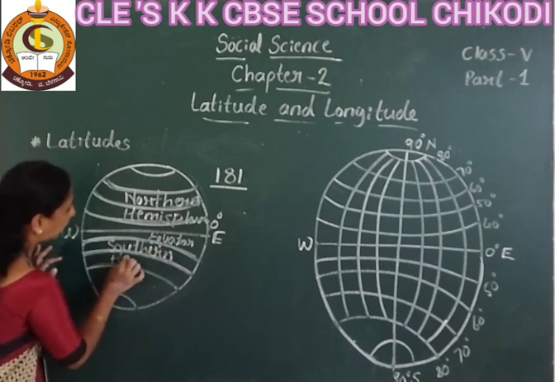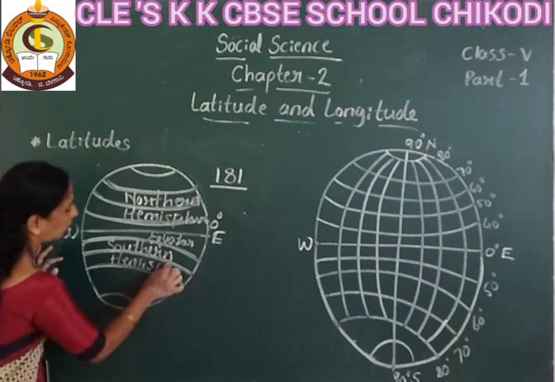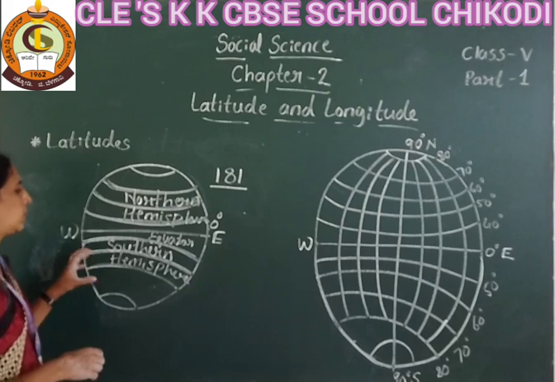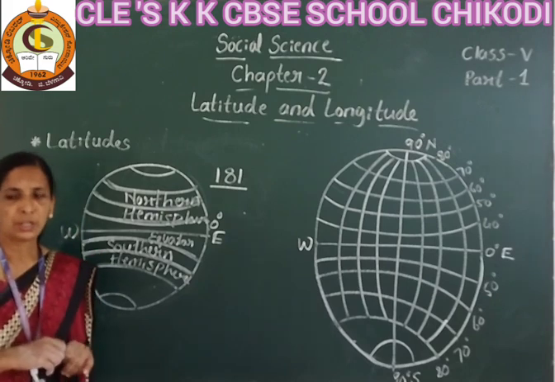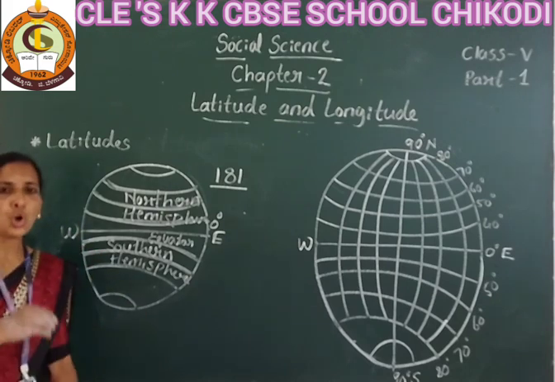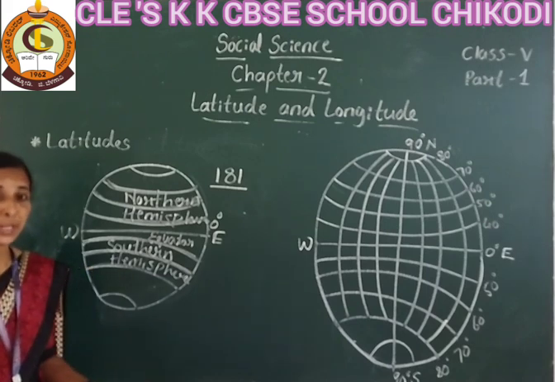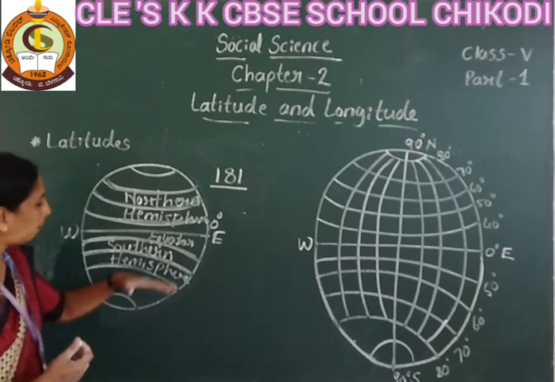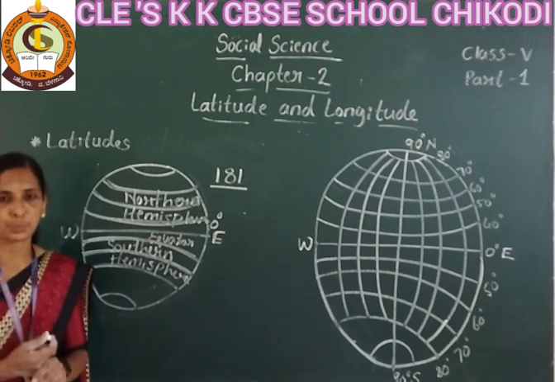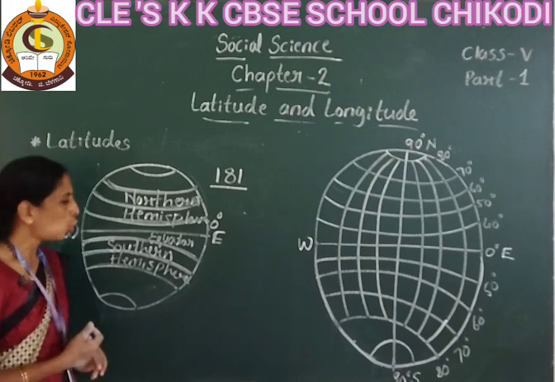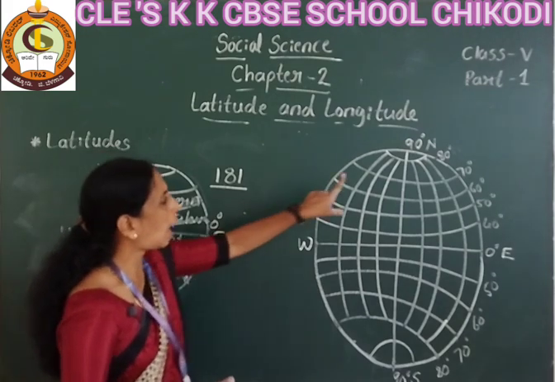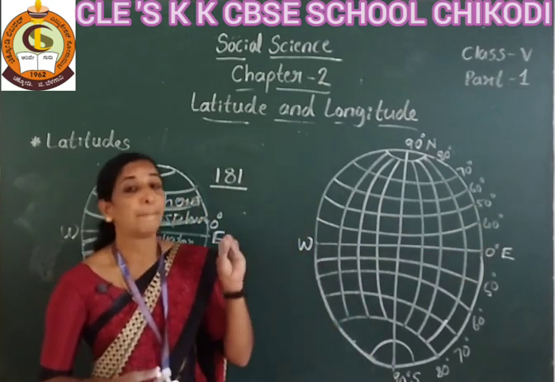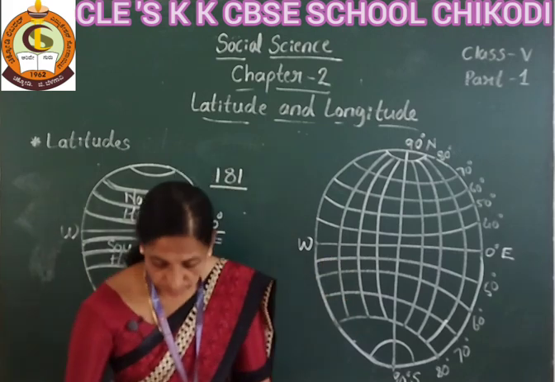The equator divides the earth into two hemispheres. Above is the northern hemisphere and below is the southern hemisphere. These latitudes are measured in degrees.